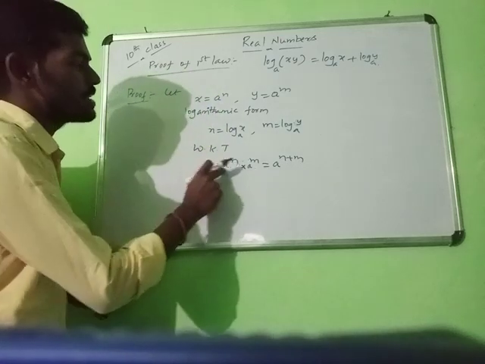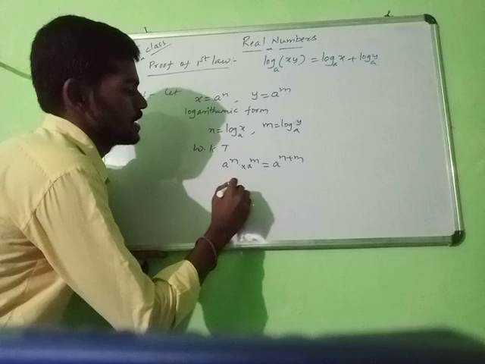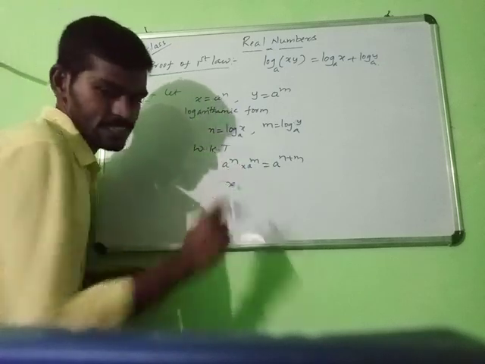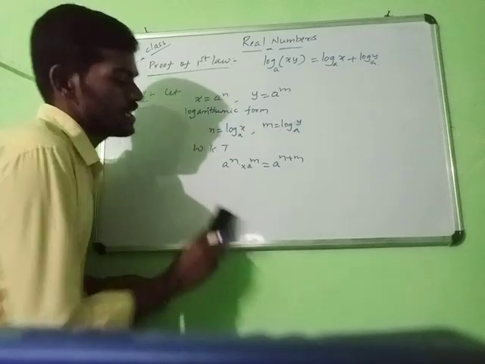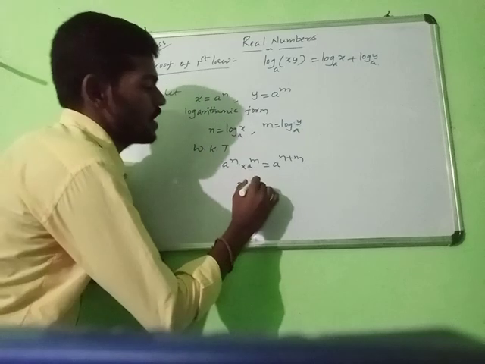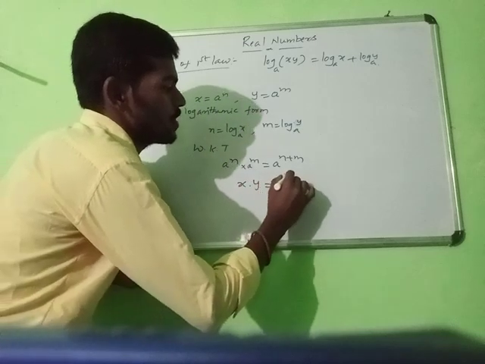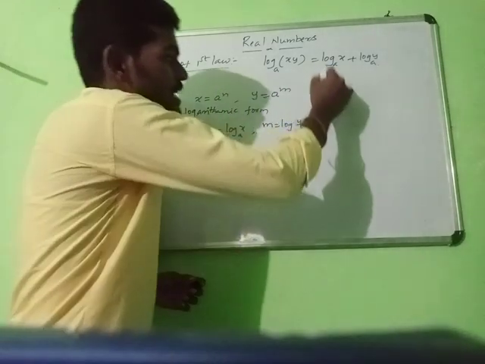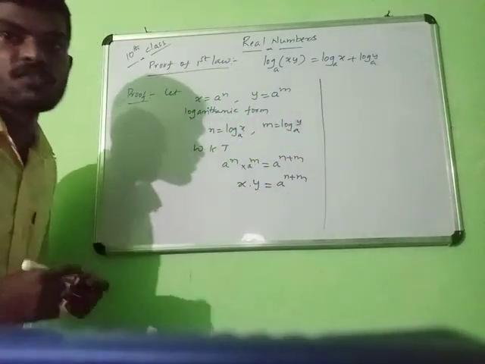Okay, a power n means what here? It is x. So x into a power m, which is y, is equal to a power n plus m. A power n plus m. Then take here, this is one of the exponential forms.